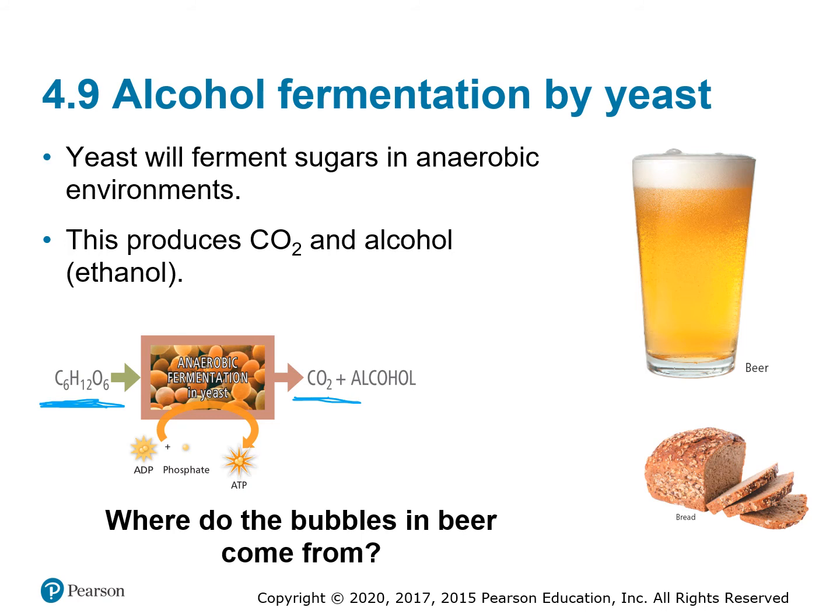Then from pyruvic acid, you release CO2 and ultimately make alcohol. The type of alcohol you make is called ethanol. And in that process, 2 ATP molecules are made. They're actually made from glycolysis. And the other thing that happens is the NADH is recycled back to NAD+.